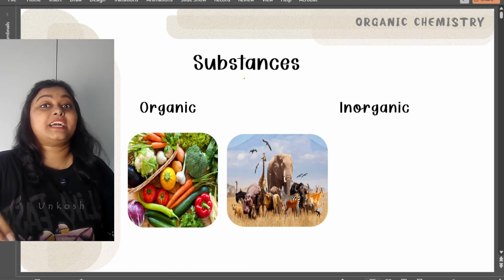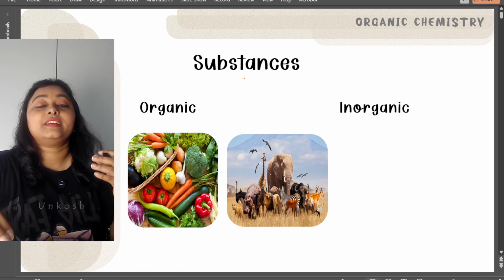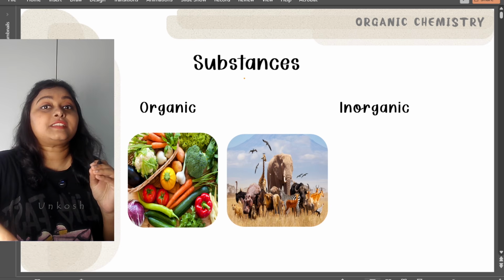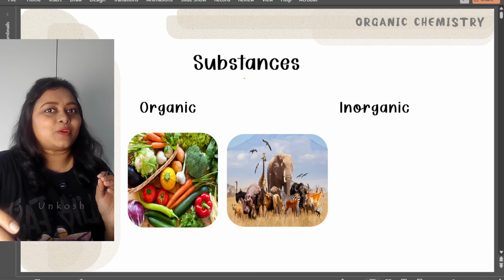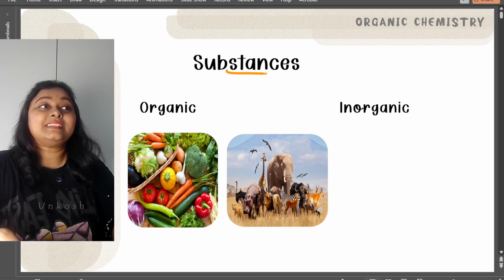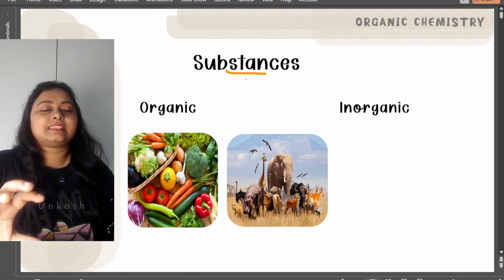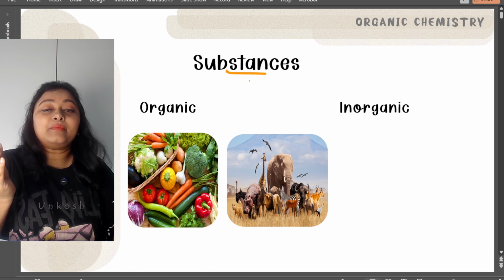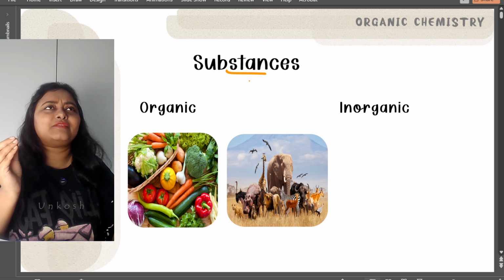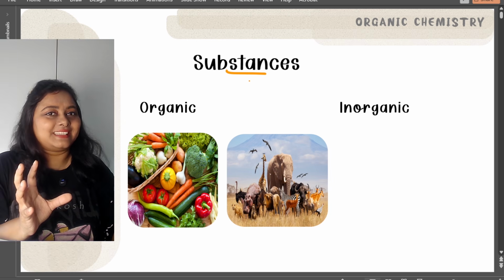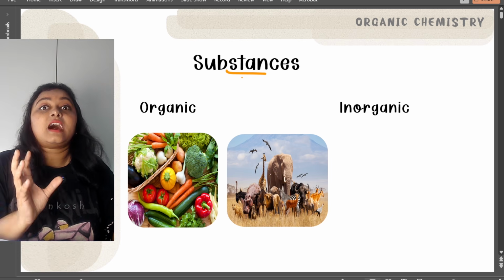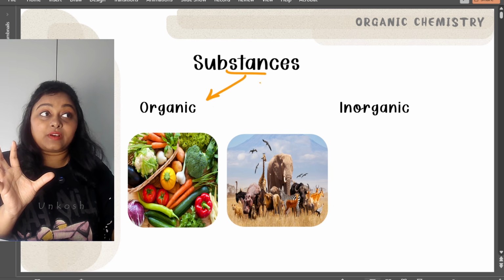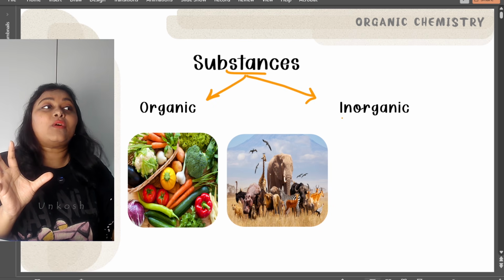Now, before we dive deep into carbon, its compounds, and organic chemistry in general, first let us start with a simple topic called substances. Substances, whatever that we see around us, are things and they are made up of small particles. These substances are broadly classified into two categories, organic and inorganic.